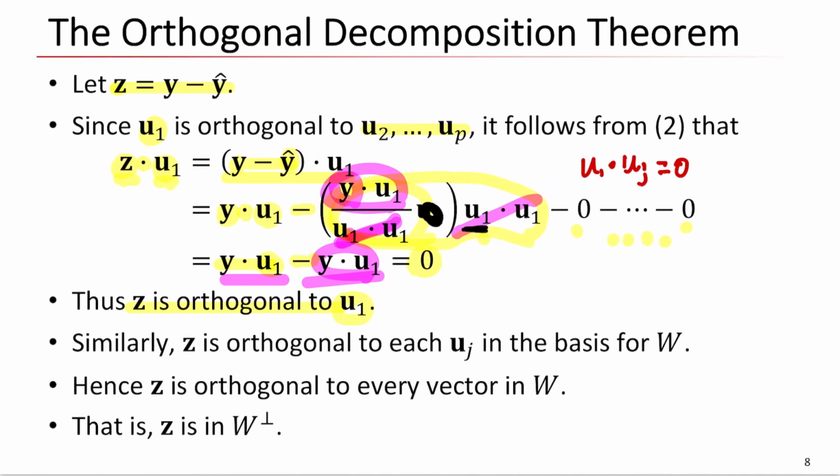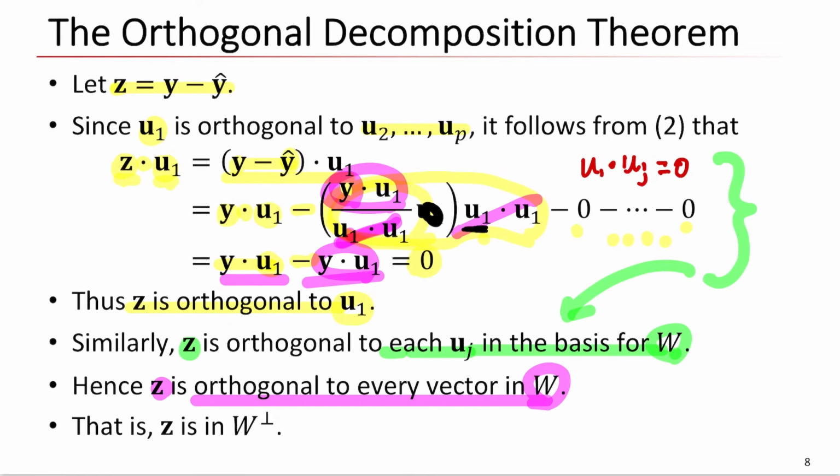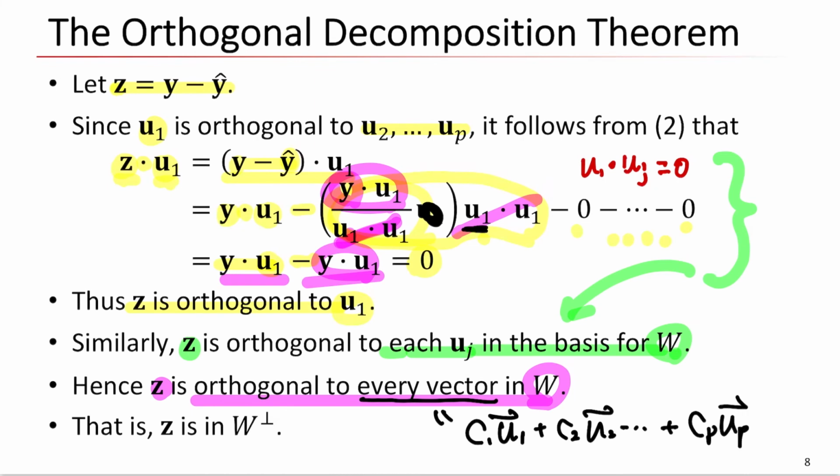Similarly, z is orthogonal to each uj in the basis for W by using a similar verification, right? So hence z is orthogonal to every vector in W. Why? Because every vector in W can be represented by a linear combination of the basis vectors, because this is the definition of a basis.